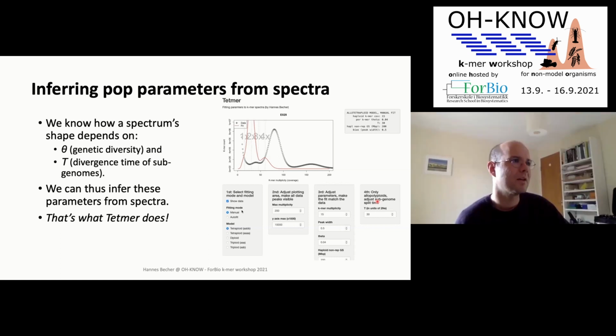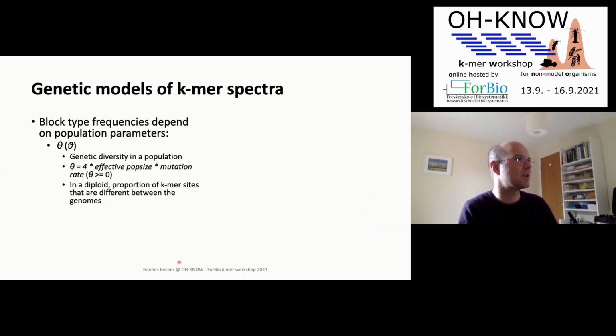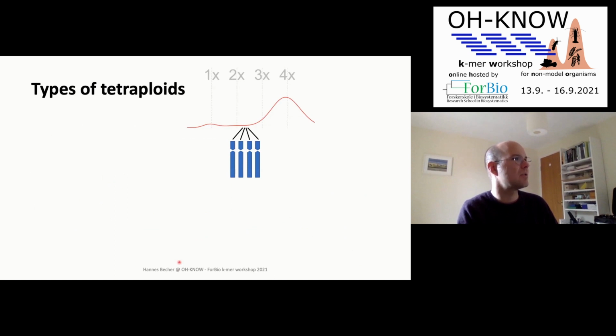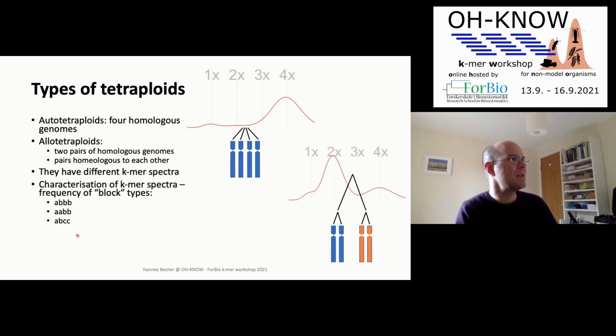Mm. Yeah, so I don't really know what models are inside GenomeScope. I mean, I've looked at the code, but get only so far. So I feel GenomeScope looks at these configurations here, right? And GenomeScope somehow figures out how many of each there are. And then GenomeScope tells you, oh, there's so much of this heterozygosity and so much of that heterozygosity, and you get percentages for each of these.